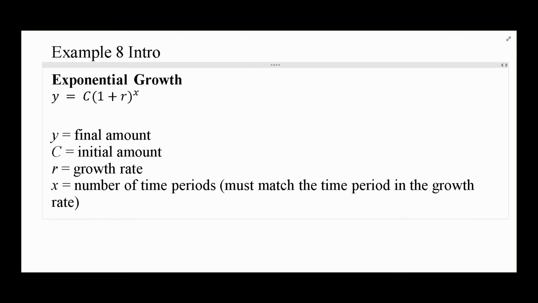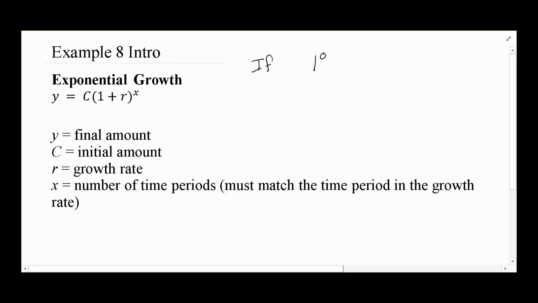So the next thing I want to talk about is to piggyback on that whole idea of compound interest. The idea that we took with compound interest, we could apply in a more general sense. If there was a 1% interest rate, then we would take our principal and multiply. Let me write a full version here.